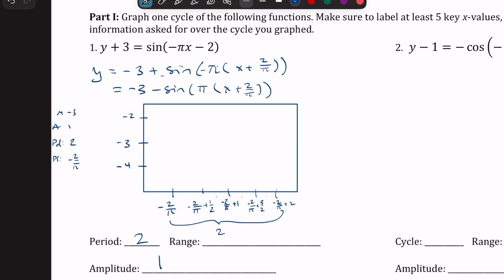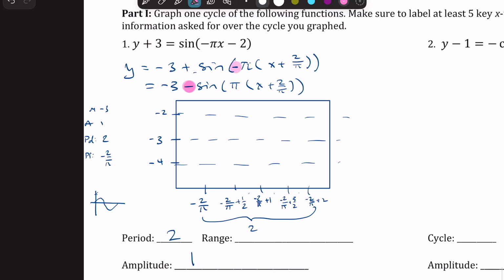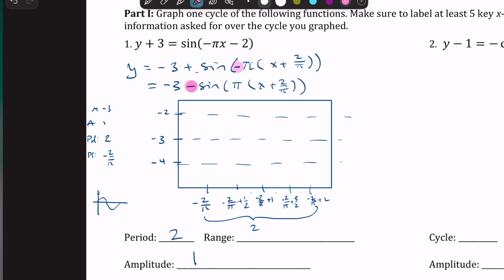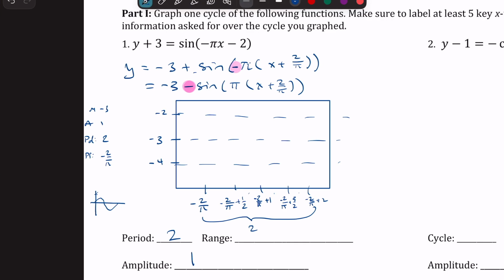Then I can look at my function, and I'm just going to draw little dashes across to help me out. If this is sine, and I know that sine does this, but right here, that tells me it's going to be reflected over the x-axis. Now, if you don't like this thing right here, that just means I reflect over the y-axis, which still gives me a similar shape.